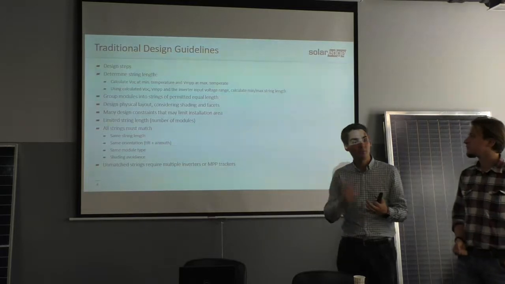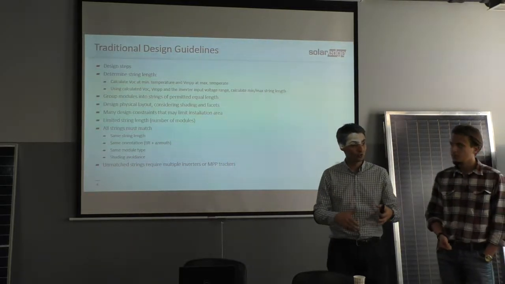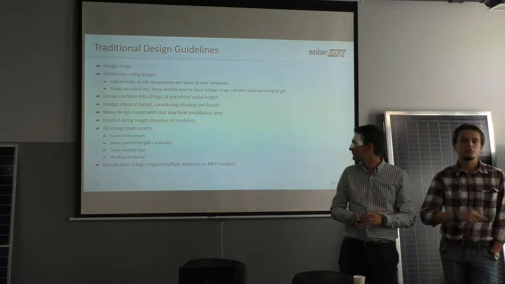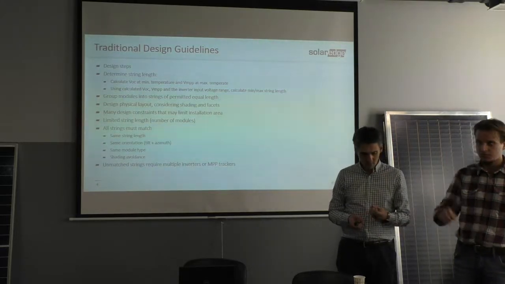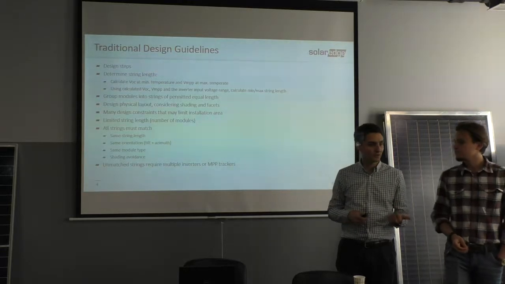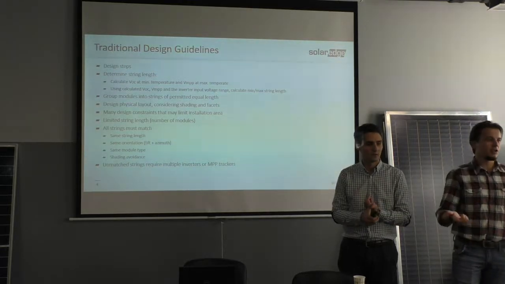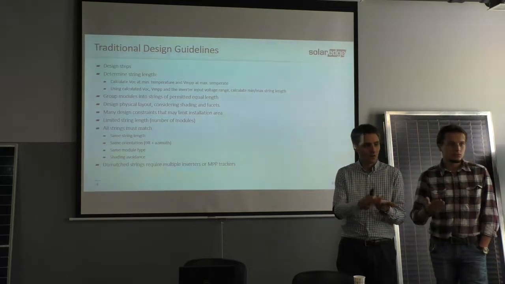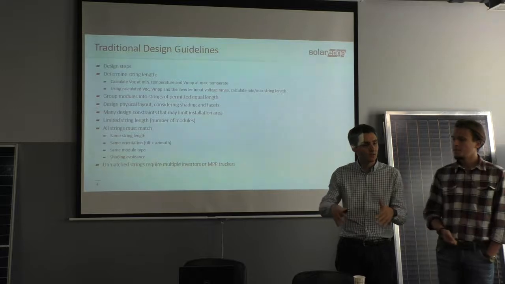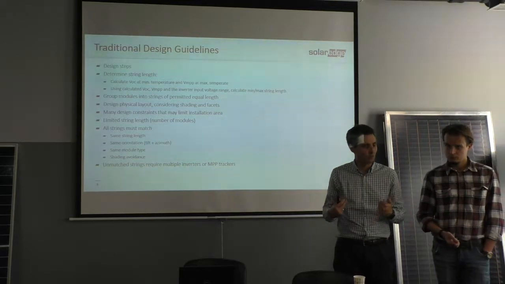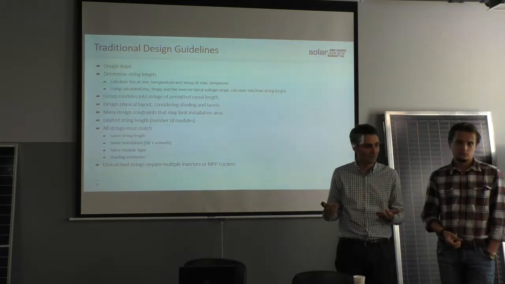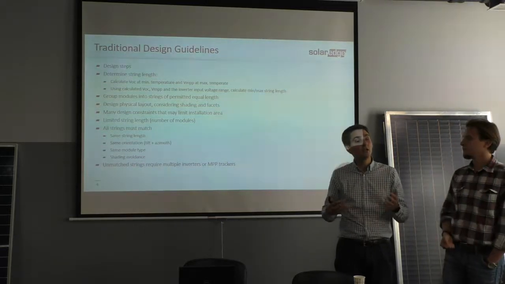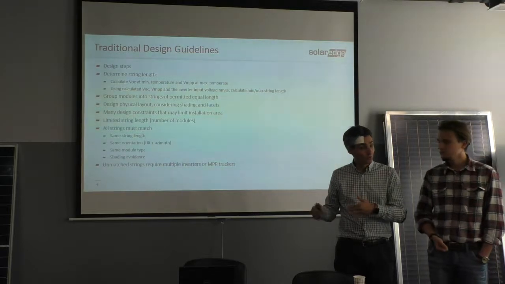So if we have a minimum number of modules and a maximum number of modules, we have to group these modules in strings. And we have to take into account all limitations on the roof: shading, different roof orientation that requires a minimum of 2 MPP trackers, so we cannot connect all modules in one string.